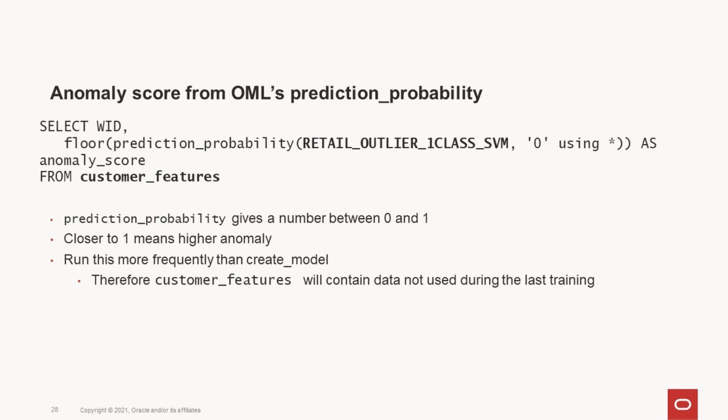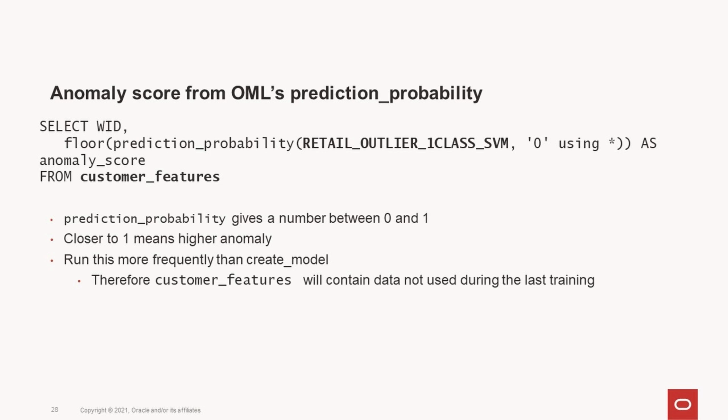It's a companion to prediction probability. It tells you which features, giving you a ranking and a weight for each feature of how much that feature contributed to the number given by prediction probability. This is great, and we use it.